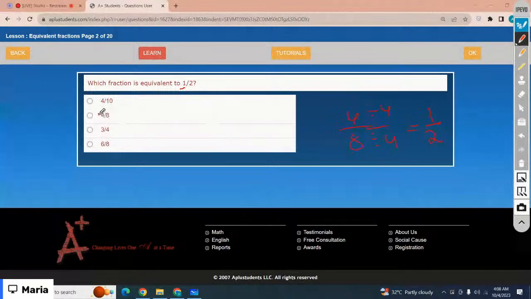When I divided this fraction by 4, it is exactly equal to 1 over 2. That means that is the correct option, 4 and 8. Or you can simply multiply the fraction by 4: 4 times 1 is 4, 4 times 2 is 8. So option number 2 is the correct option.